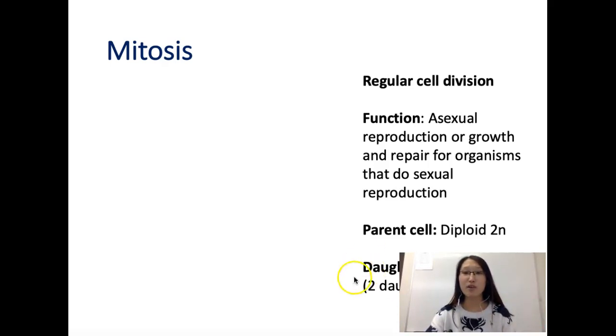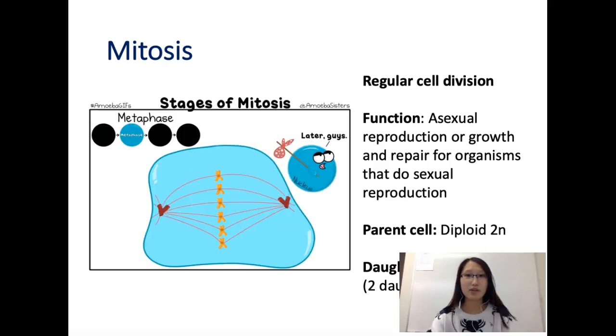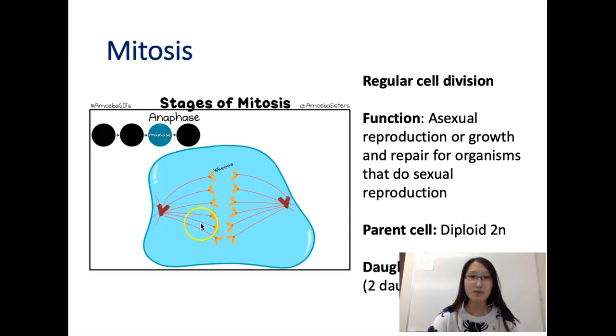And then what you end up with are 2 daughter cells, but both parent cell and daughter cells are generally diploid. But if you have parent cells that are haploid, you can also have daughter cells that are haploid. Either way, mitosis gives you the same exact cell as the parent, but now you have 2 copies of it.